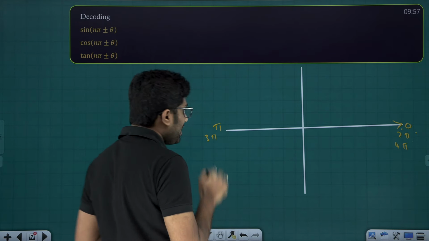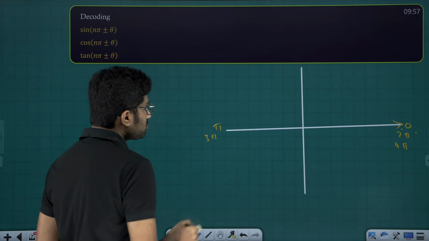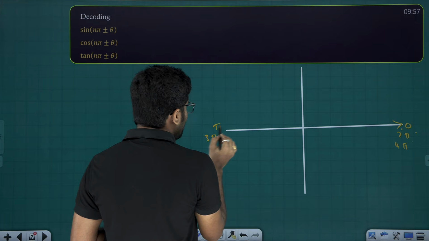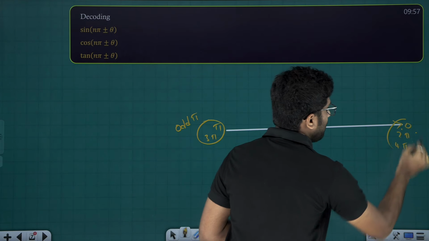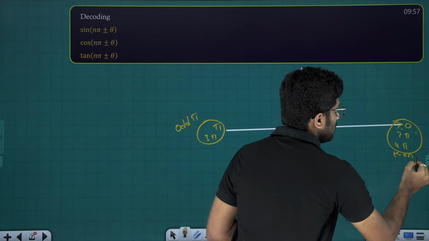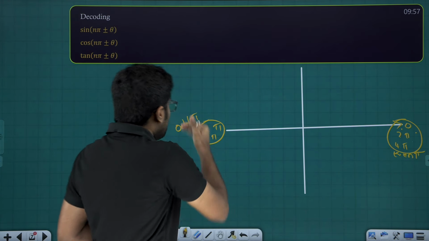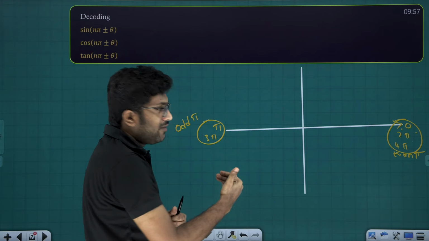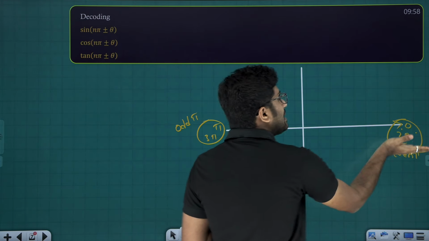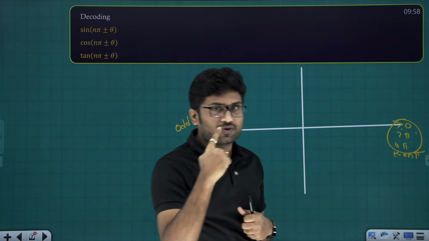So by this conclusion we can do one thing. Here we are having odd pi, correct? Here we are having even pi. Less than odd pi will be in the second quadrant. More than odd pi will be in the third quadrant. Greater than even pi will be in the first quadrant.